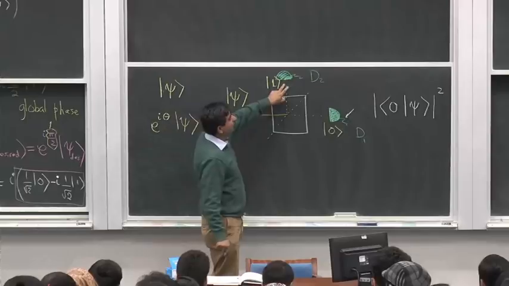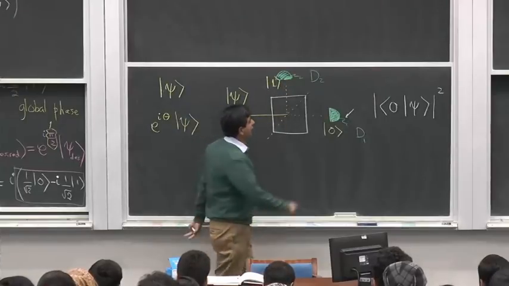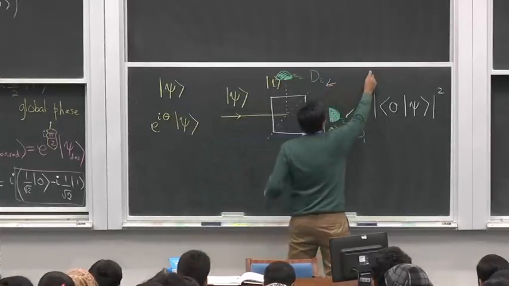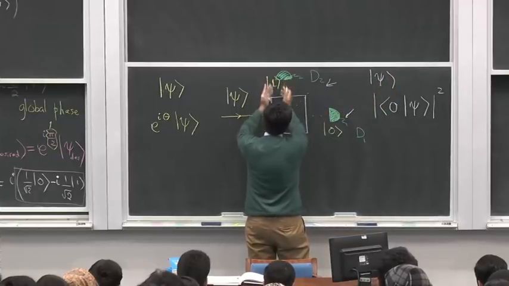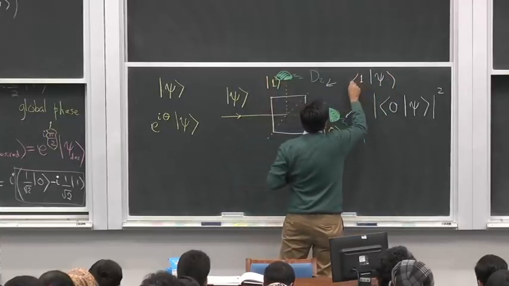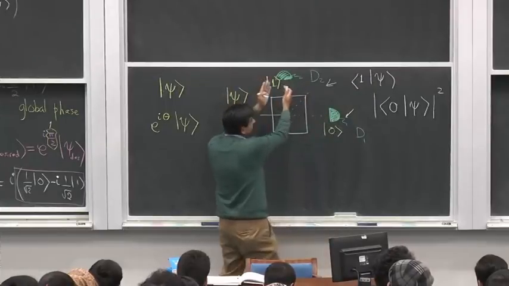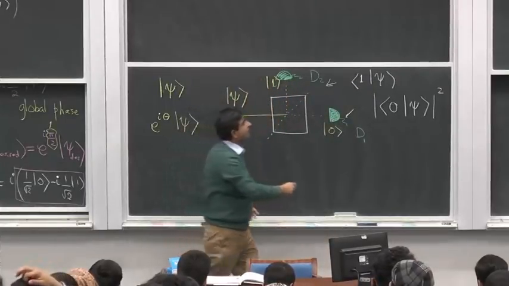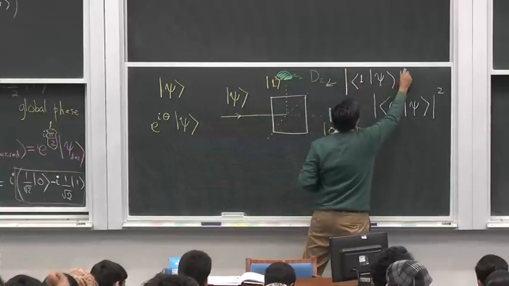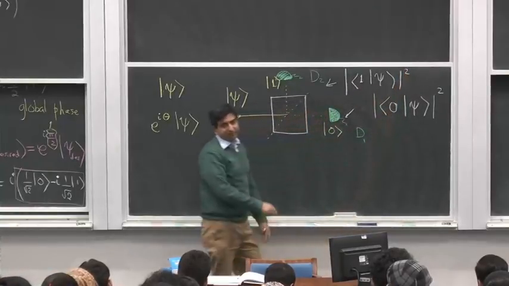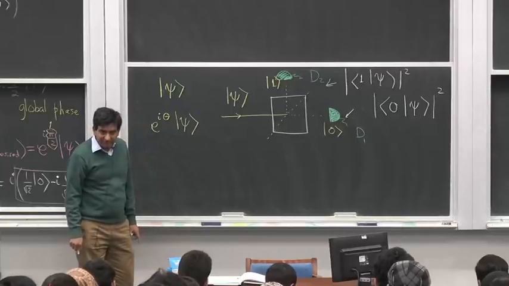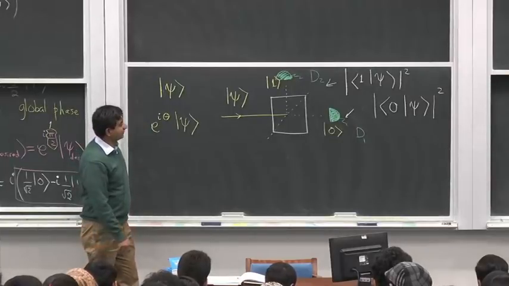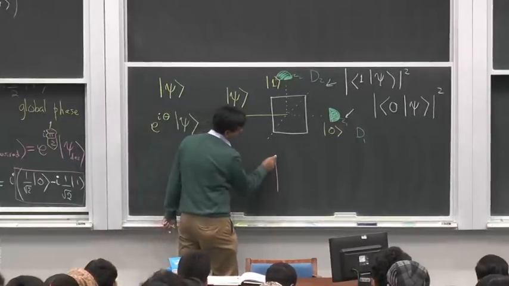And the probability that this detector is going to click is going to be the input state projected onto ket 1, which is the overlap of the input state with the output state, modulus square. So I can calculate these probabilities.